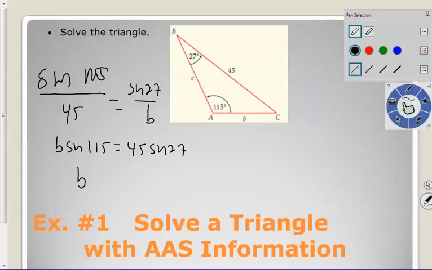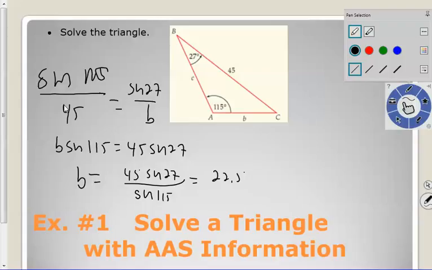So b is equal to 45 sine 27 all over sine 115. That gets you something around 22.5, right? So I have side b is 22.5.